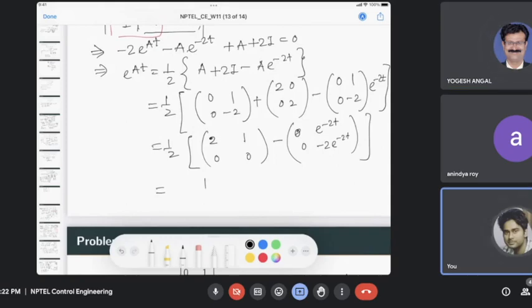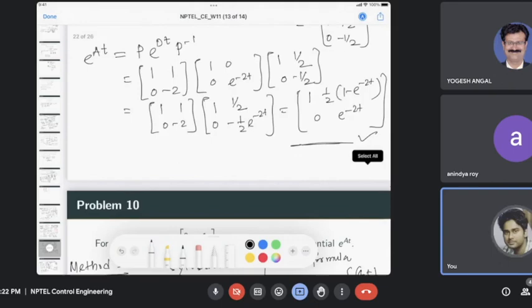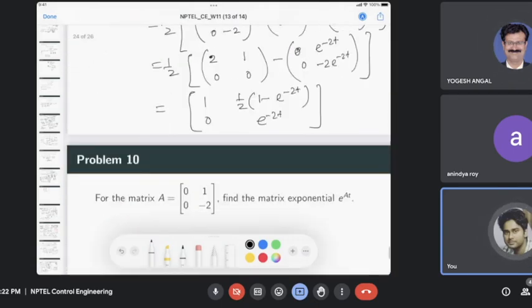Simplifying that, half times 2 1 0 0 minus that, so the first element is 1, the second element is half times 1 minus e to the power minus 2t, then 0 and e to the power minus 2t. So again we see the same exact result that we already obtained.